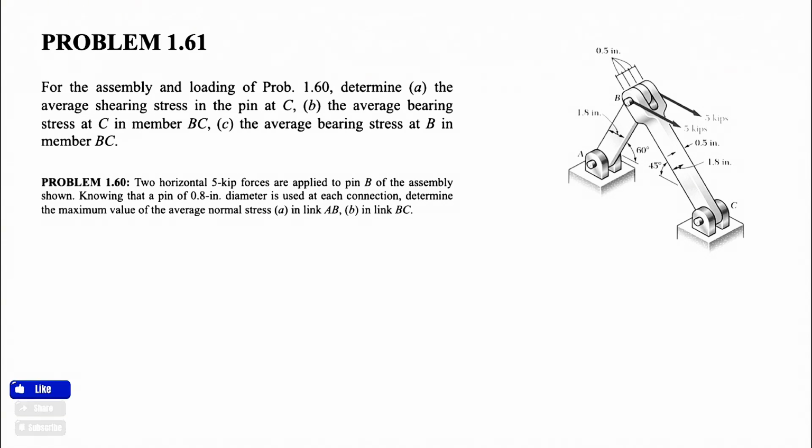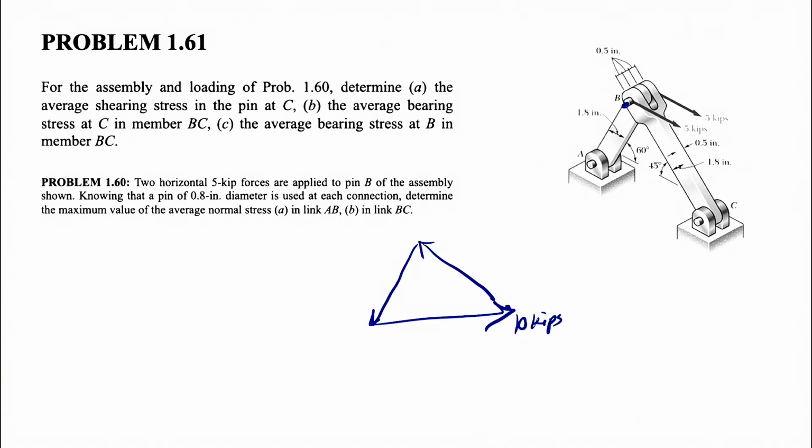So what we did in the previous question was that we tried to draw the free body diagram for point B, and what we ended up with was this triangle where the sum of these two forces equals the third vector in the opposite direction, obviously, to cancel each other out.